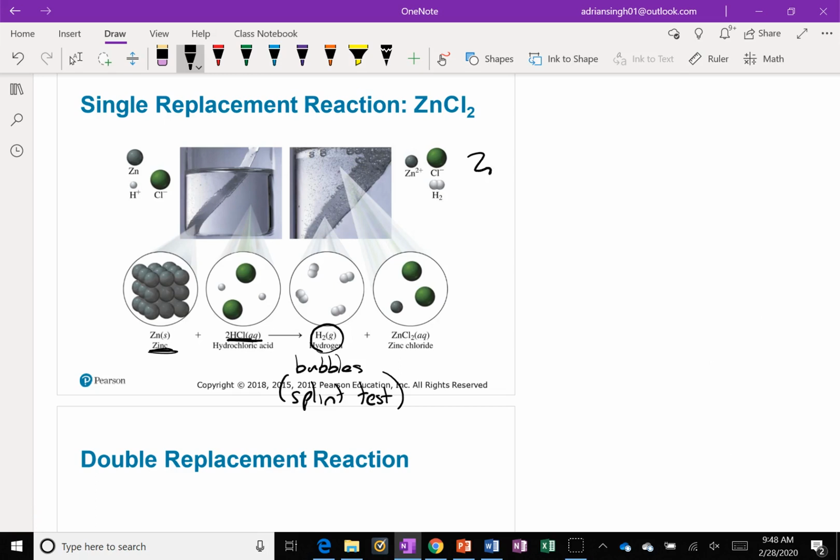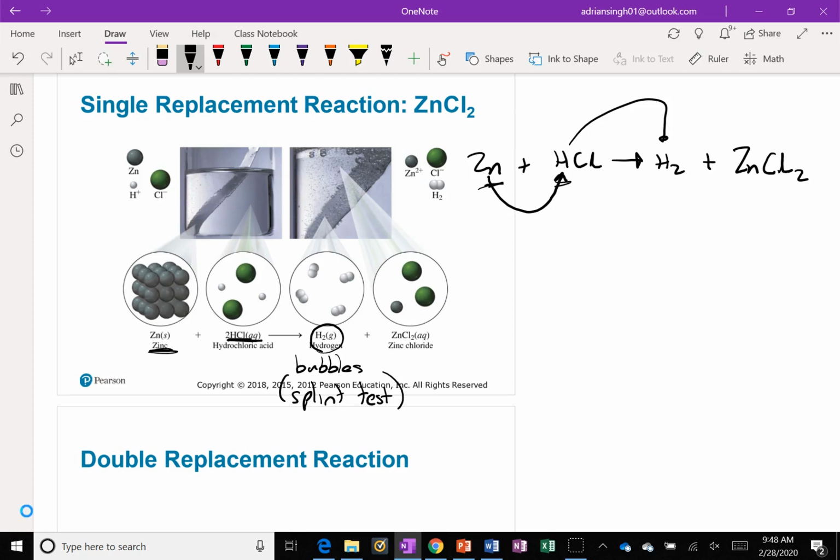So what's occurring here is our zinc and our HCl react, and the zinc comes in and it kicks the hydrogen out. So we end up making now hydrogen gas, and then the zinc combines with the Cl to make zinc chloride, ZnCl2. Right, so the zinc replaces, or it substitutes, the hydrogen from HCl. So here we have a metal replacing hydrogen from a compound.